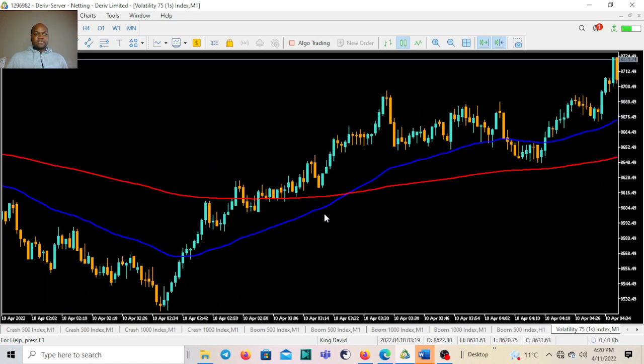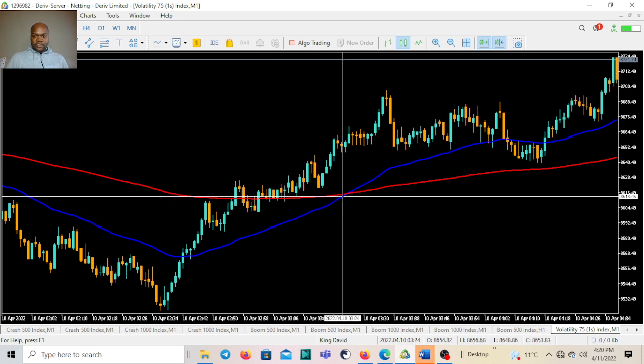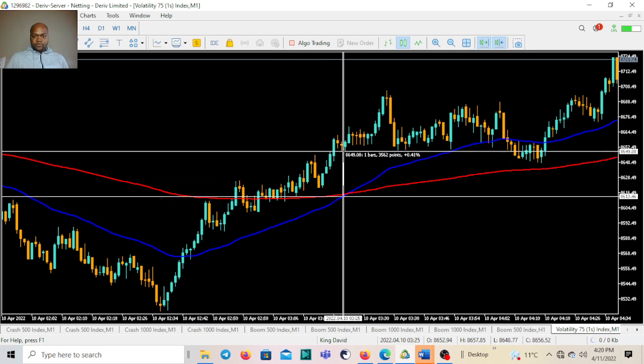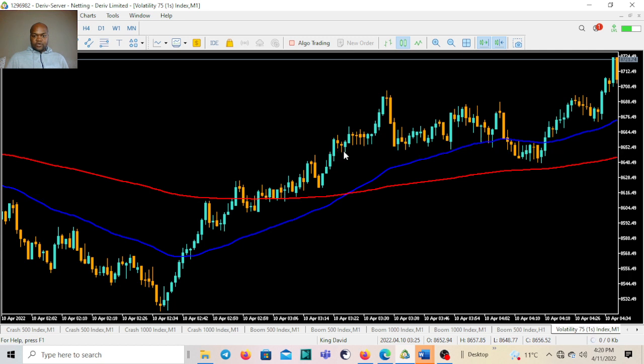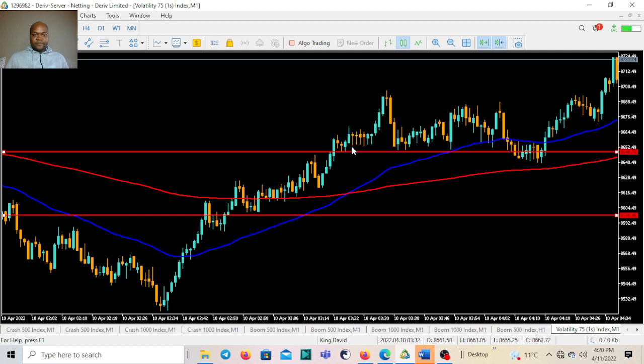So here we can see that at this point the 50 exponential moving average crossed. At this point, that's where you have your entry, and your stop loss will be below. You can count maybe 5 or 10 candles. Probably your stop loss is here, your entry is somewhere there.